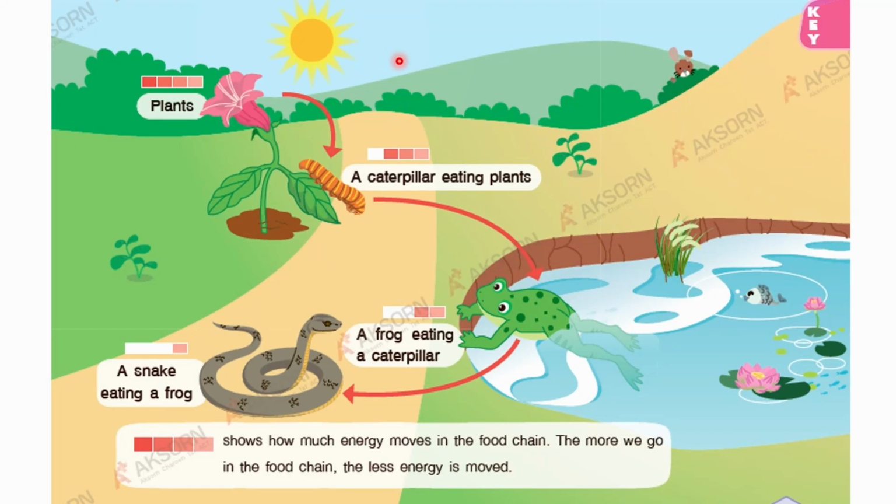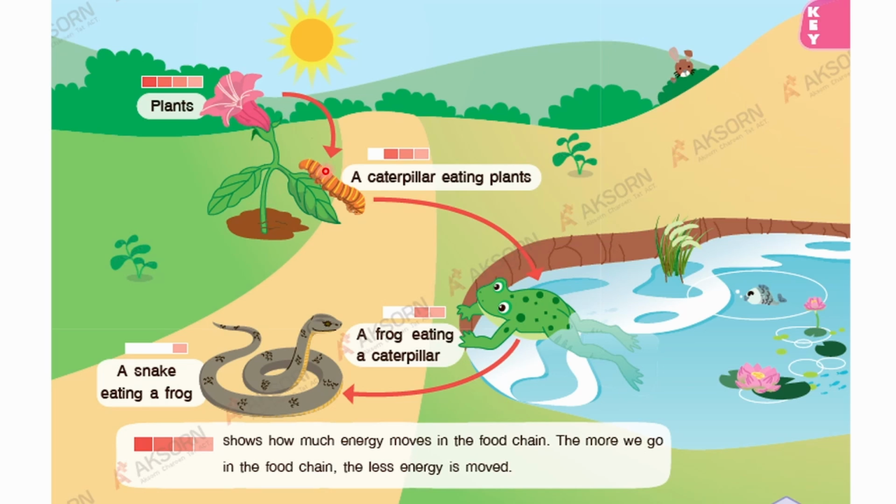In this picture here, the sun is giving the energy to the plants to make food. The caterpillar eats the plant and gets energy. But look, there are 4 bars of energy on the plant.